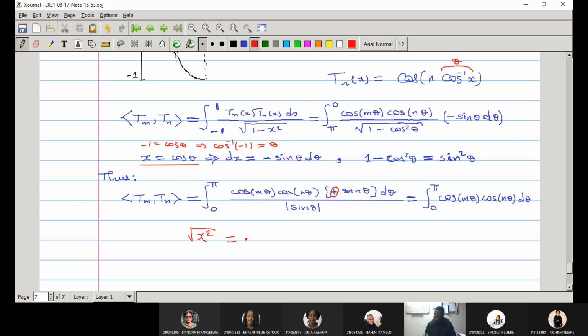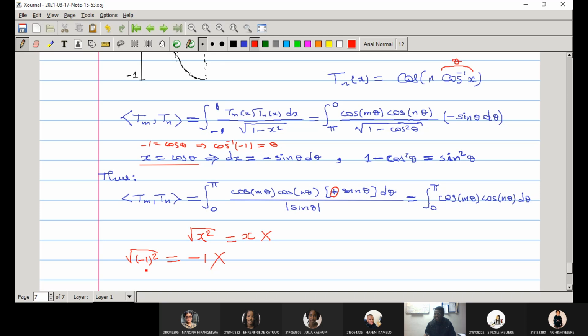You cannot say that it's x. If you say that it's x, it's wrong. Why? Because x can be negative 1. If I have square root of negative 1 squared, if you say that is x, you are saying that it's negative 1. So that would be wrong.